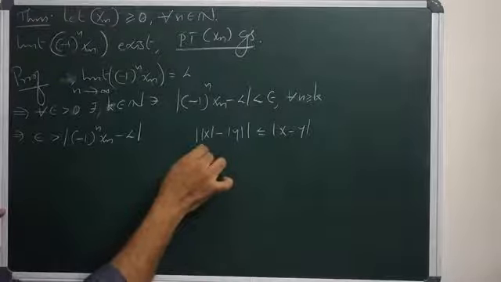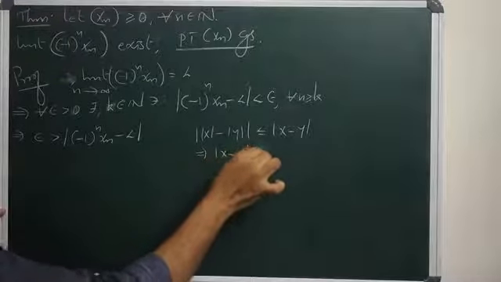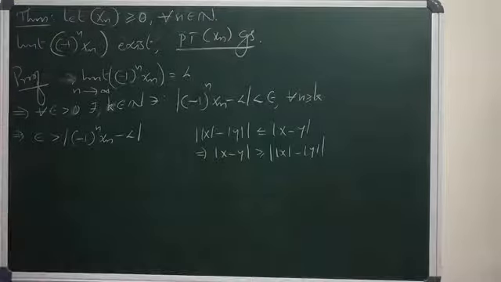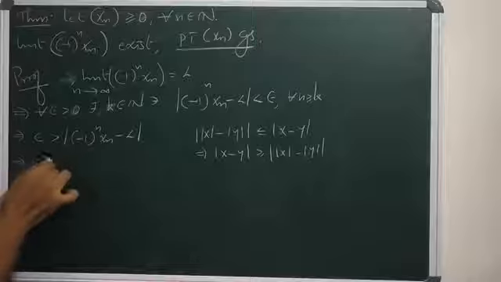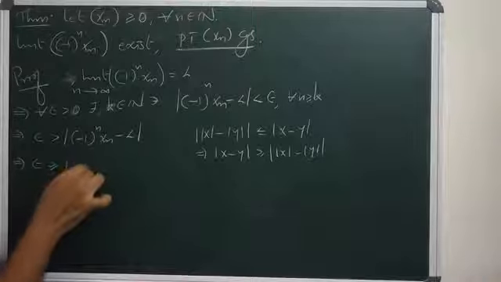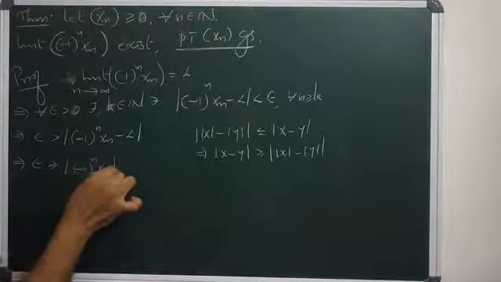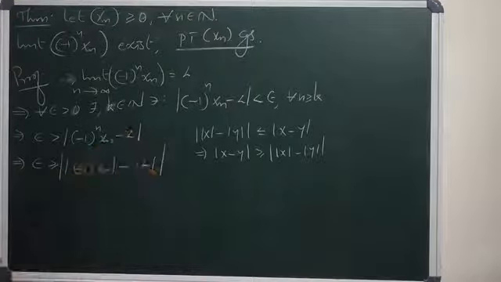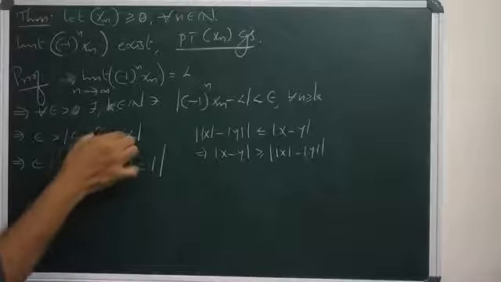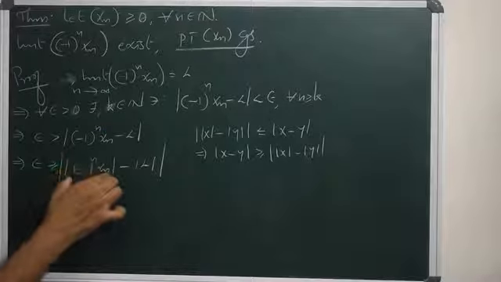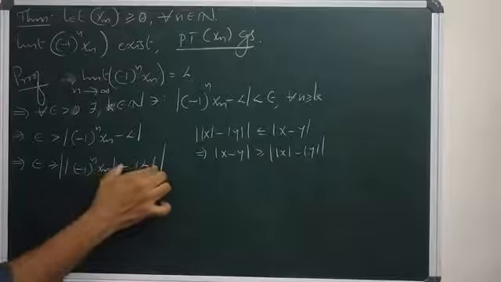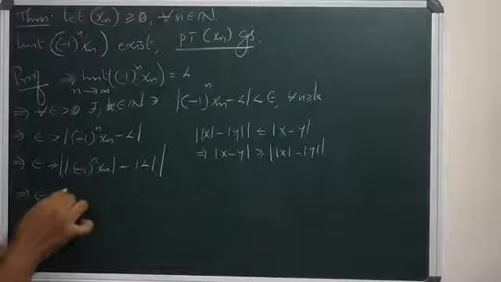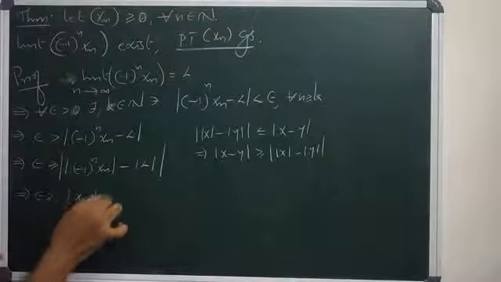That means modulus of x minus y is greater than or equals modulus of mod x minus mod y. So from here, epsilon is greater than or equals modulus of mod xn minus mod L.